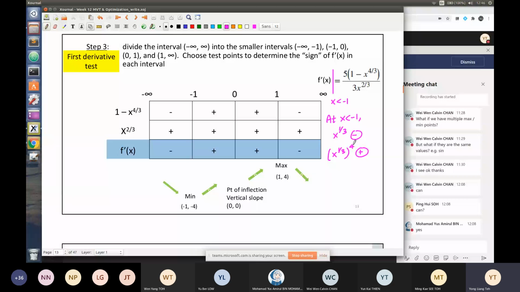So if you take 1 minus something that is more than 1, you get a negative number. Is that right? So hence 1 minus this thing is actually a negative number, since this part is positive and more than 1.